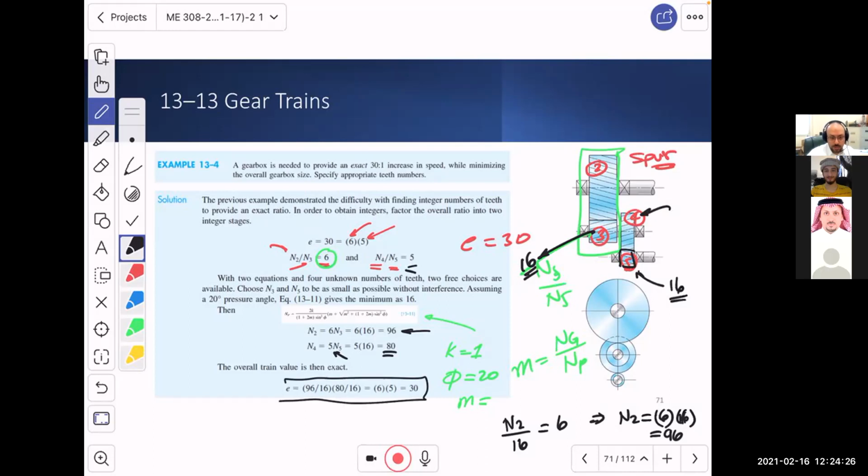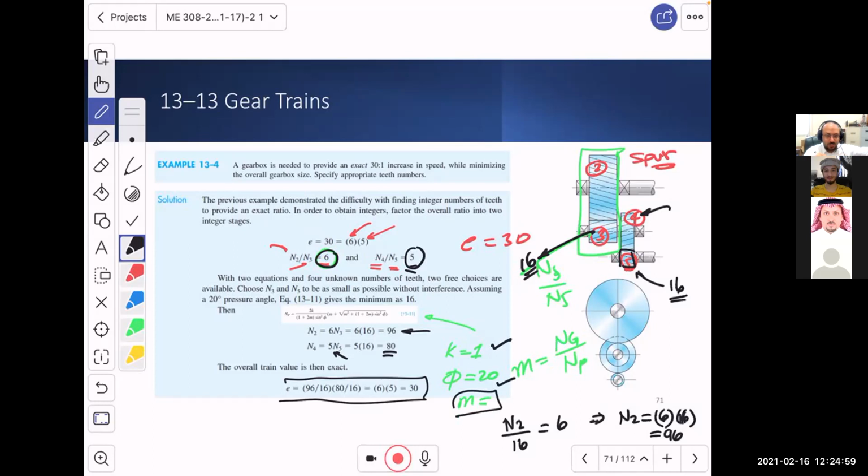Doctor, why do both pinions have the same number of teeth? Well, K is the same, phi is the same. The ratio M is coming from the 6 and 5, and they are not very much different.